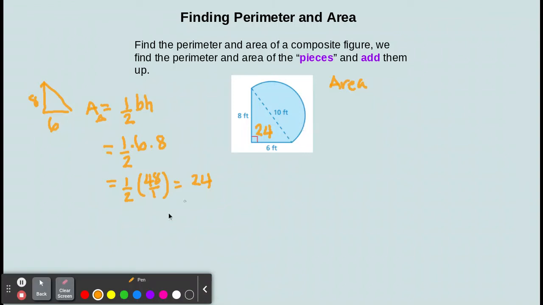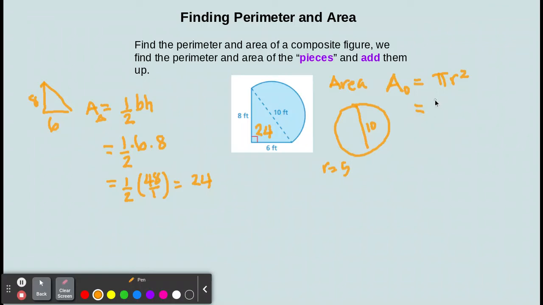All right, now the area of the semicircle. We're going to have to find the area of the circle. Remember, the area of a circle is pi r squared. What is our r for this? Here's our circle again. The diameter is 10. The radius is half of that, so r is equal to 5.